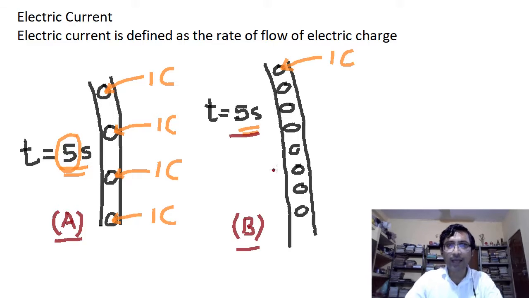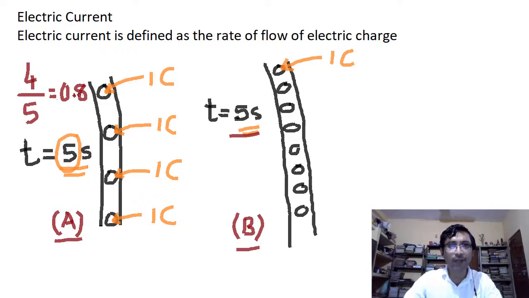So let's calculate how much charge is flowing through each of these two wires in 1 second. Here we have 4 coulomb charges flowing through the wire in 5 seconds. So we have 4 divided by 5, and that gives us 0.8.